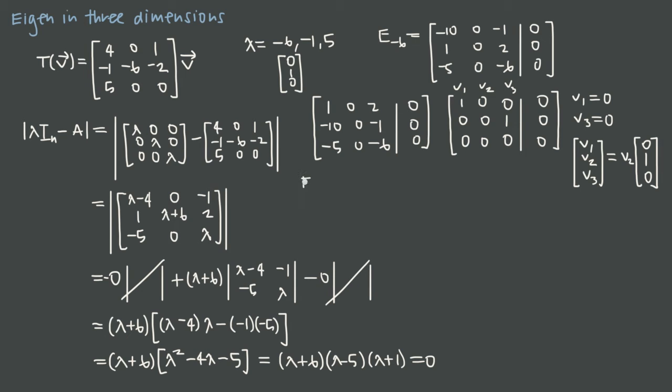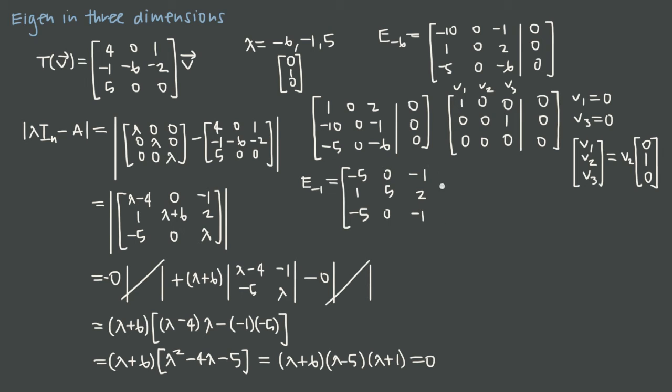We want to look at the eigenspace for lambda is -1, and that's going to be equal to this matrix when we plug in lambda is -1. So -1 minus 4 is a -5, 0, -1, and then 1, -1 plus 6 is a +5, 2, -5, 0, and -1.